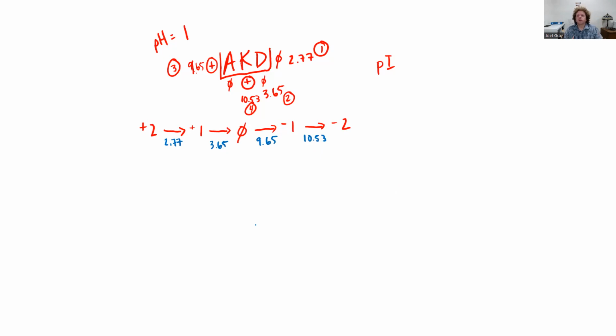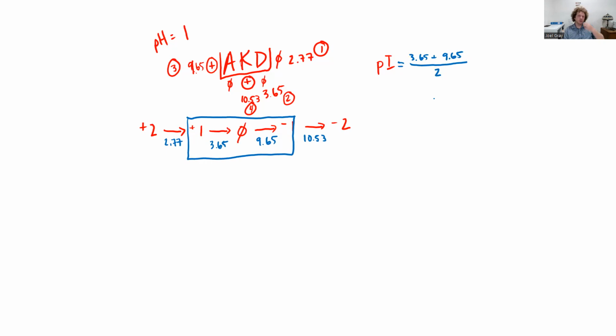Now, all of this information is helpful, but do I need all of it? Is all of it really essential for my pI calculation? The answer to that question is no. What I need are the two pKa's found when my molecule transitions from +1 to 0 and 0 to -1. I've got 3.65 and 9.65. Those are my two pKa values that matter.